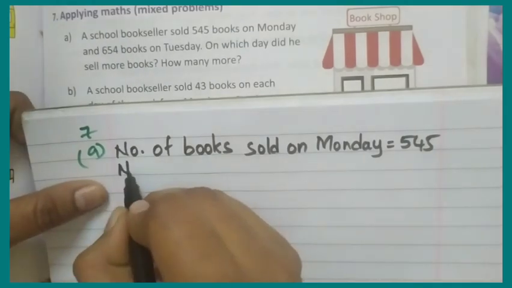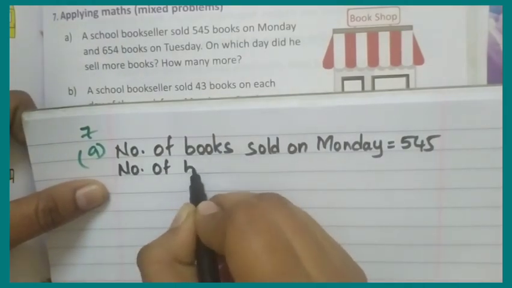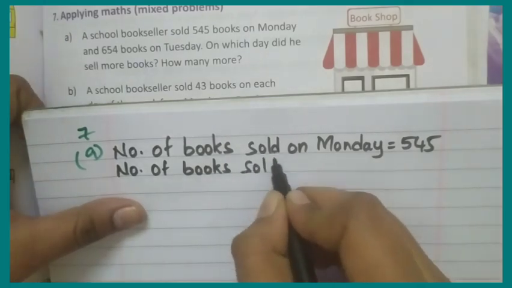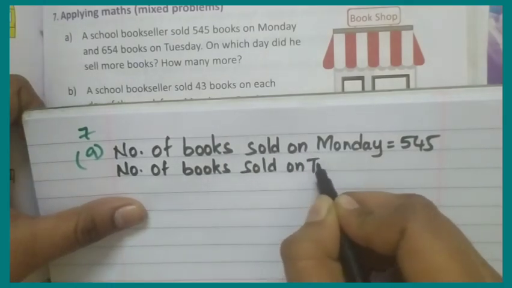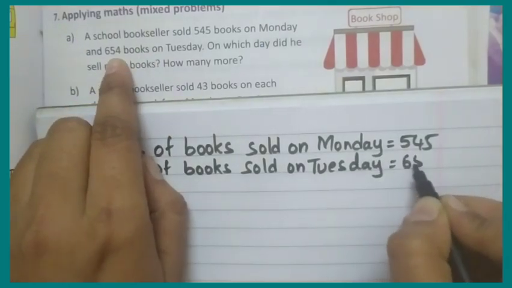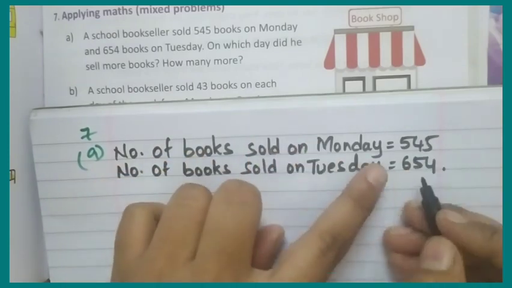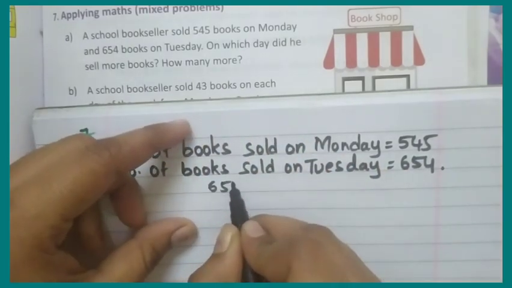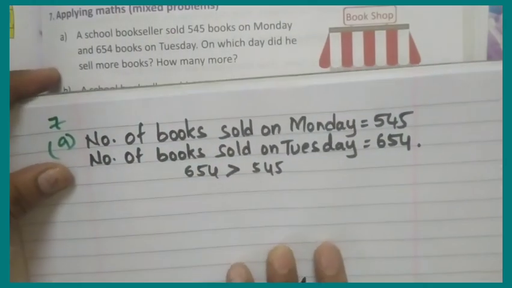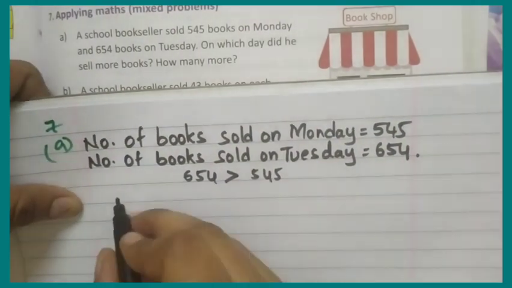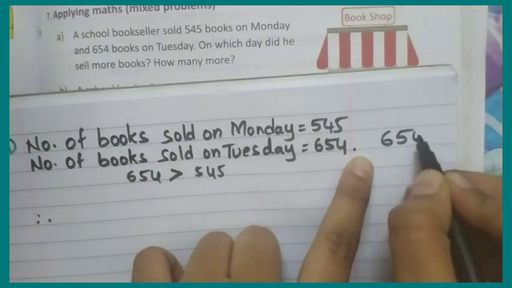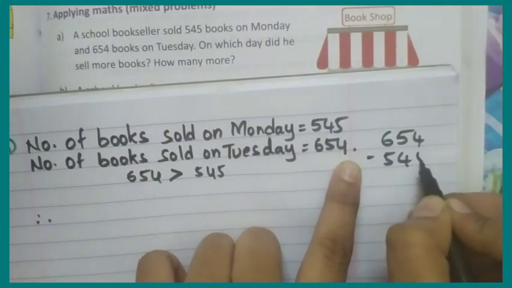Okay, next, number of books sold on Tuesday. How many? 654. In these two, which one is the biggest number? 654 is the greatest number. Yes. So we will subtract 654 minus 545.